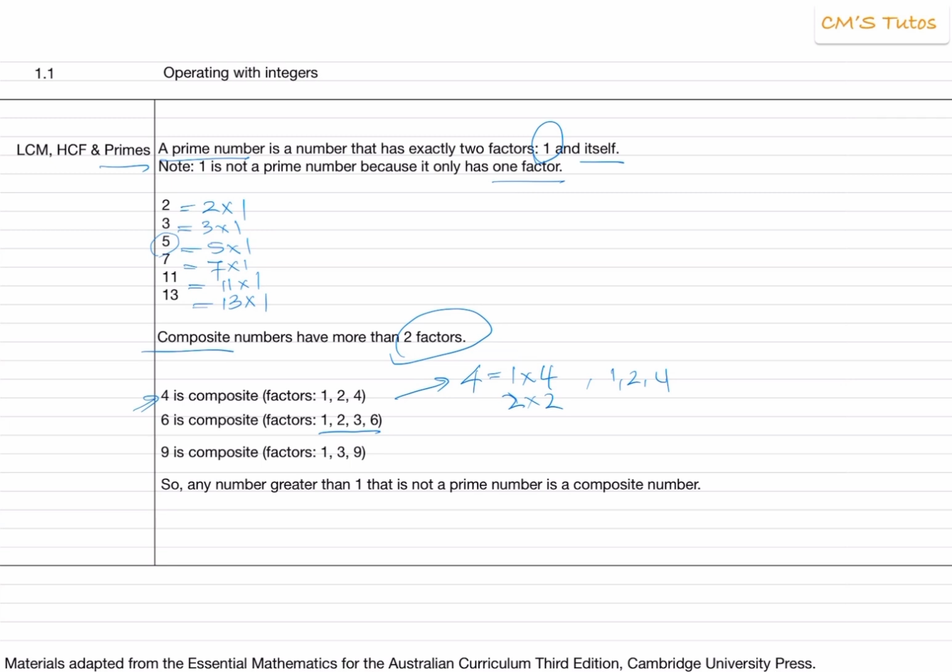And 9 is also a composite number because it has more than 2 factors. So any number greater than 1 that is not a prime number, not 3, 5, 7, 11, 13, the list goes on, is a composite number.